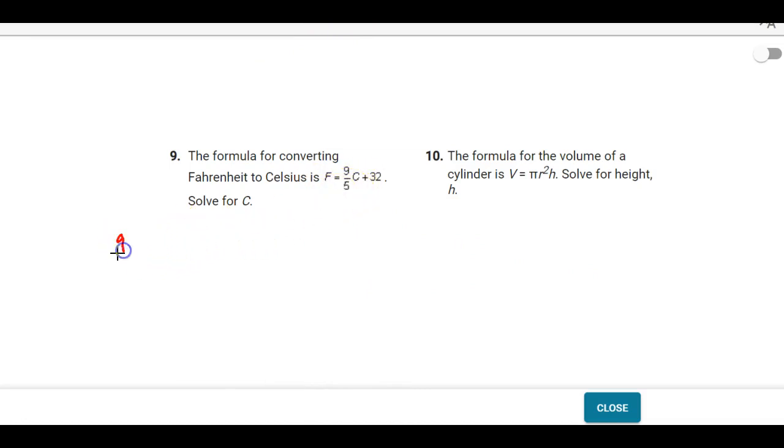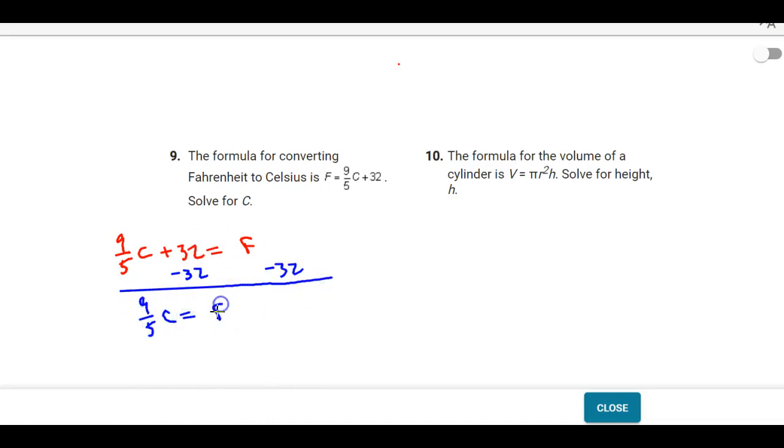So I'm going to write 9/5 C plus 32 equals F. So now the first thing I'm going to do is go ahead and get rid of the 32 to get C by itself. So that's subtract 32, subtract 32. So I end up with 9/5 C equals F minus 32.